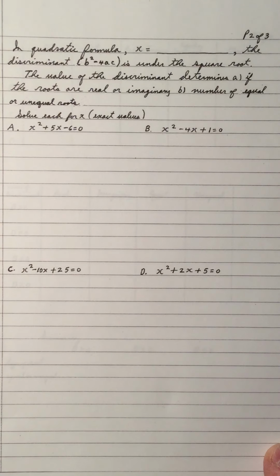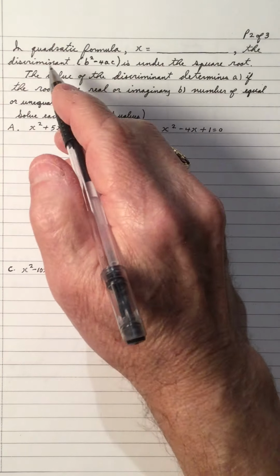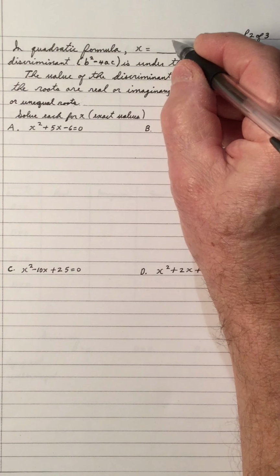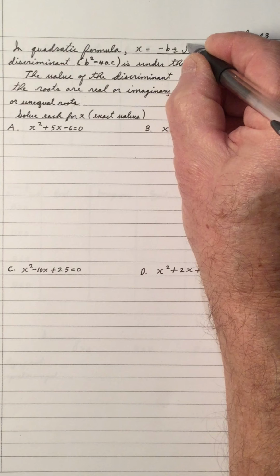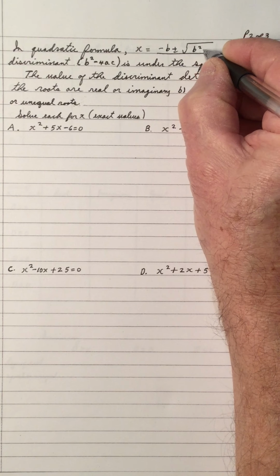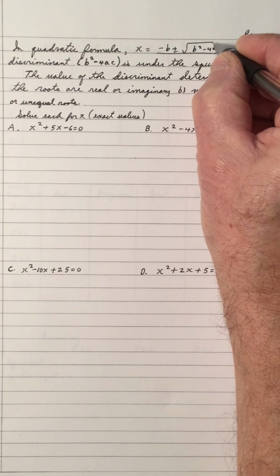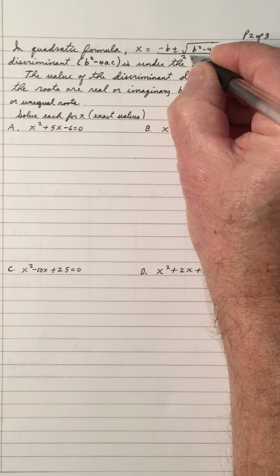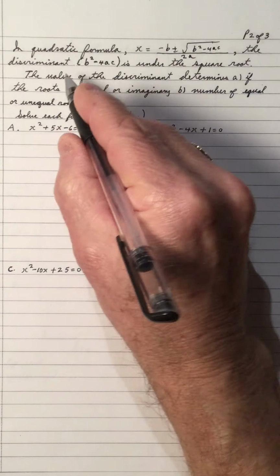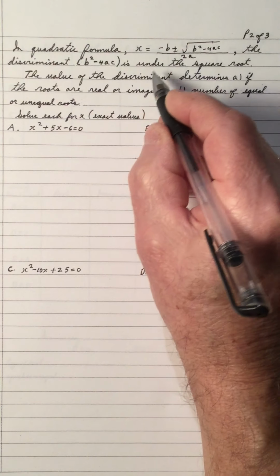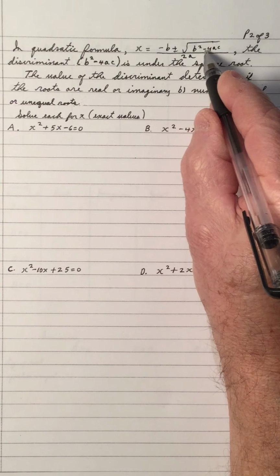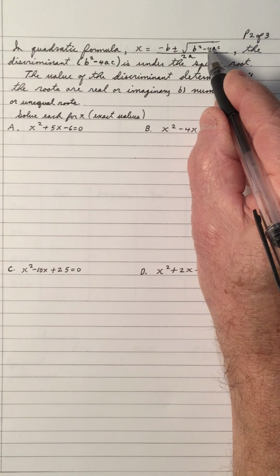In a quadratic equation, x equals negative b plus or minus the square root of b squared minus 4ac, all over 2a. The discriminant, b squared minus 4ac, is under the square root.